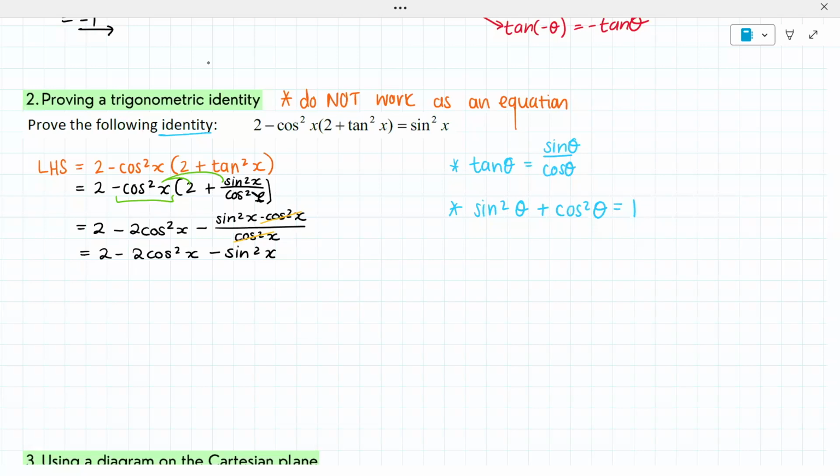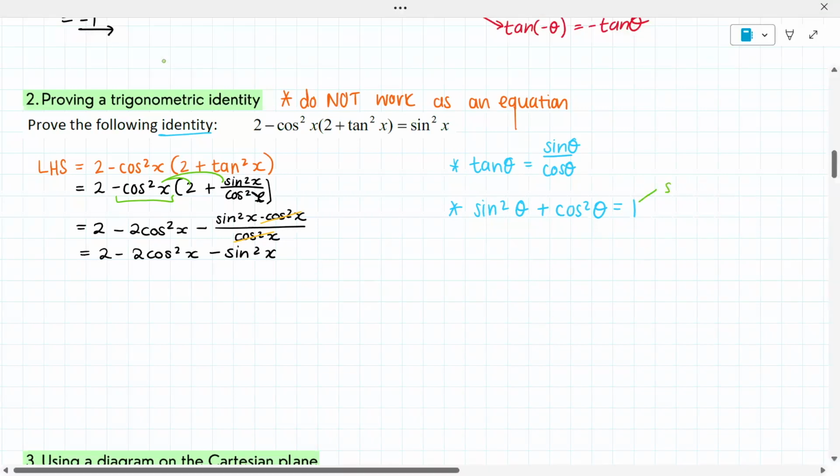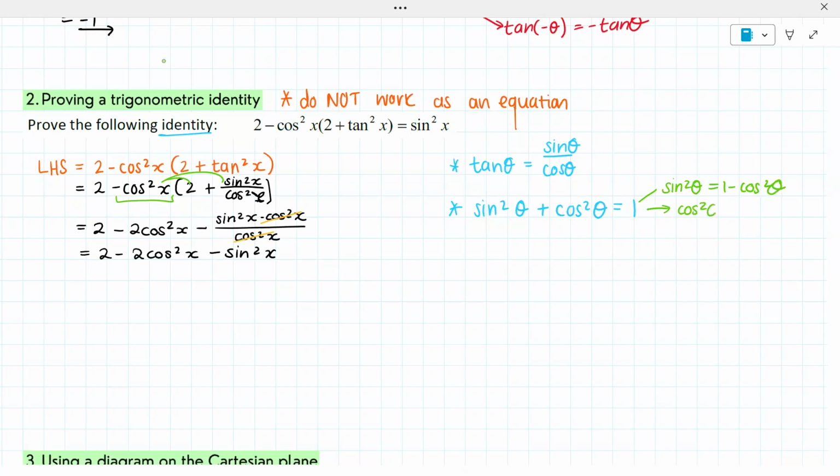What you need to remember is the manipulation of your squared identity. So remember, if you want to isolate sine squared theta, it would be 1 minus cos squared theta. If you wanted to isolate cos squared theta, it would be 1 minus sine squared theta. What we want to do is replace the sine squared with the identity.